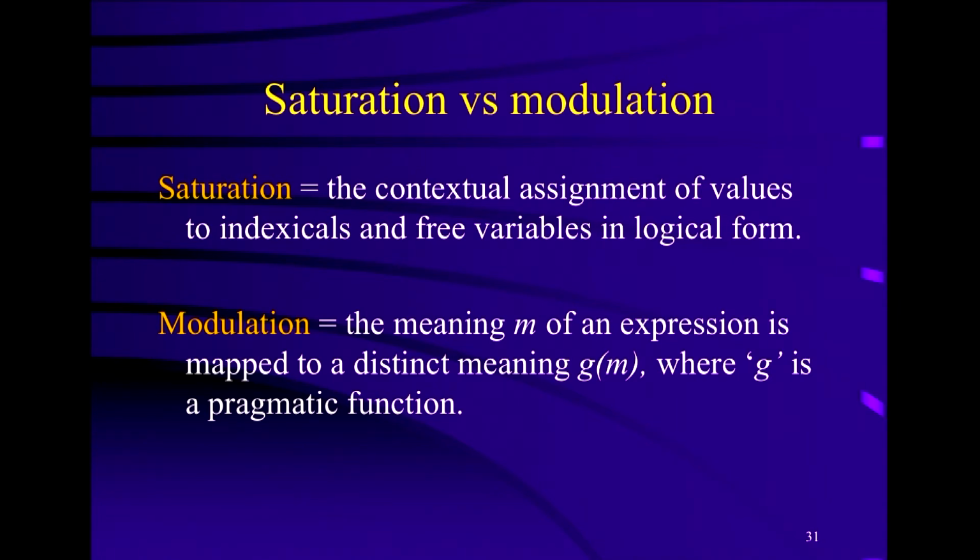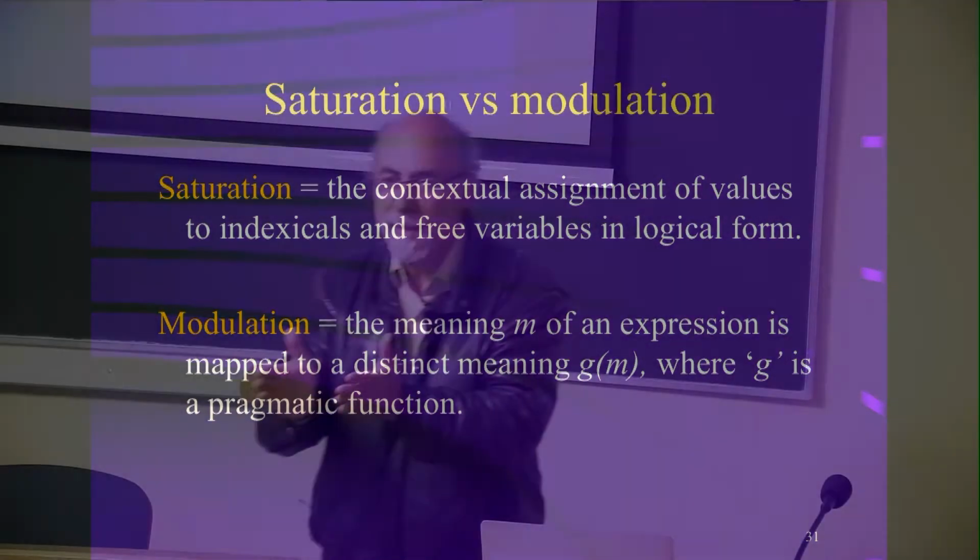So that's saturation. But I think there is something else, something very different from saturation, which I call modulation. Modulation is the case in which you have an expression that has a certain meaning M, and that meaning is mapped to a distinct meaning, G of M, where G is a pragmatic function. The idea is that the meaning M may be perfectly all right.